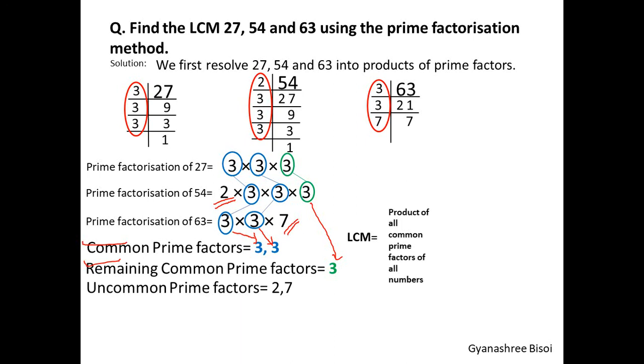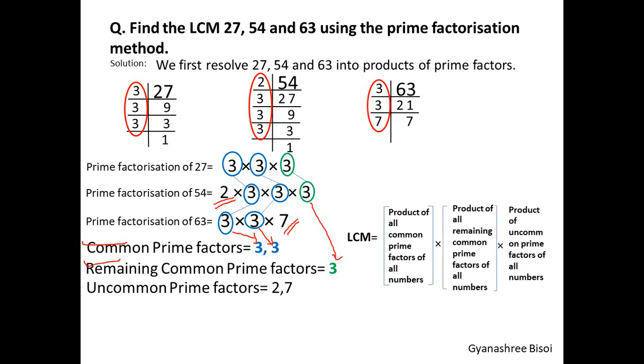So, the product of all common prime factors of all numbers, then multiply by the product of the remaining common factors, that means common factors which are in the factorization of two given numbers, then multiply by the product of uncommon prime factors, right? So the product of all is your LCM.